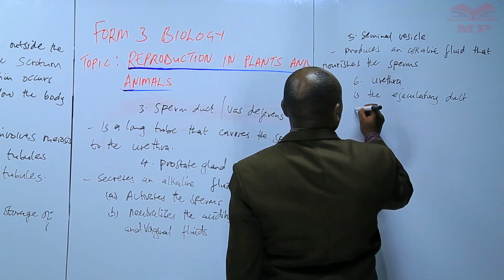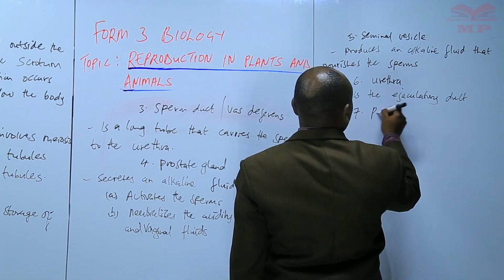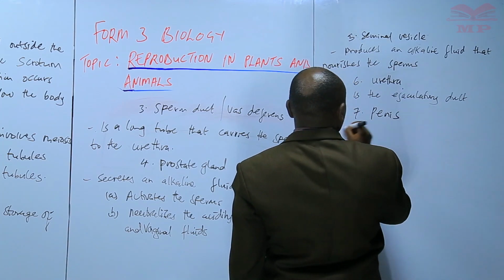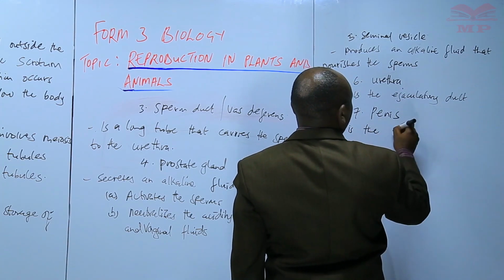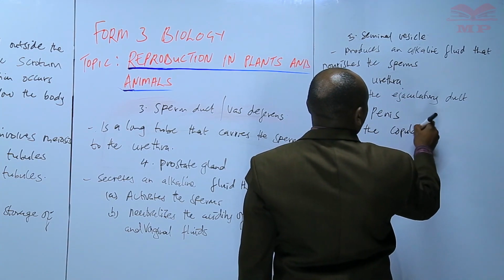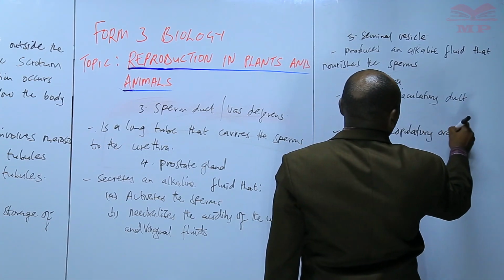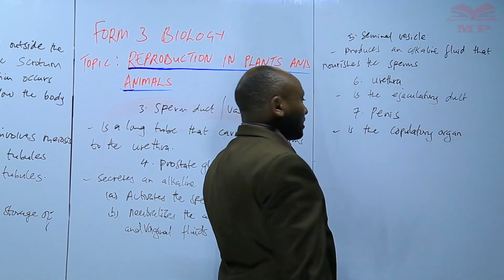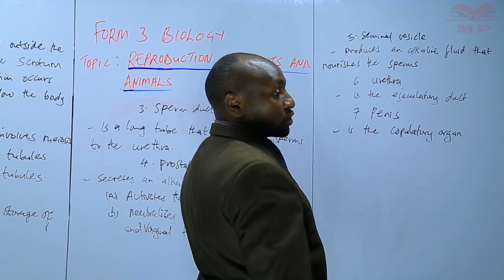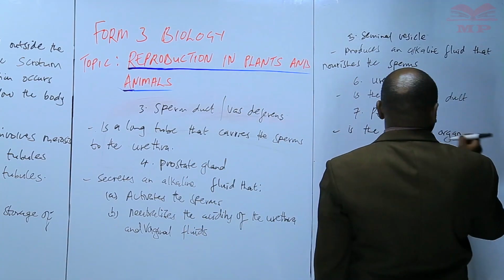Then we have the penis. This is the copulatory organ. It is the organ that allows copulation or sexual intercourse to take place.